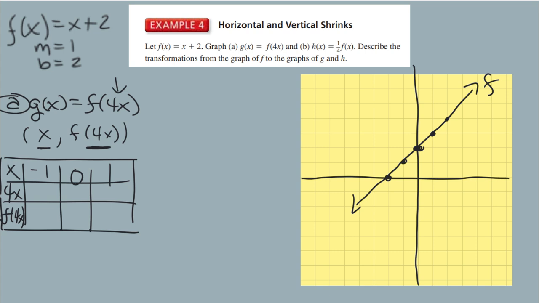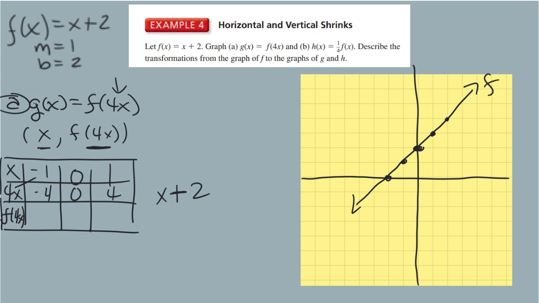We plug in, what are we plugging this into? 4 times -1 gives me -4. 4 times 0 gives me 0. And 4 times 1 gives me 4. And then finally, we're using it with the parent, which was x plus 2.